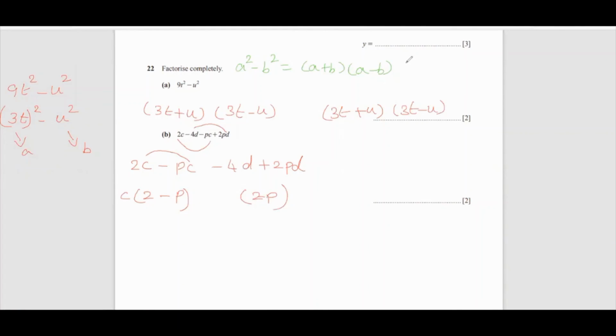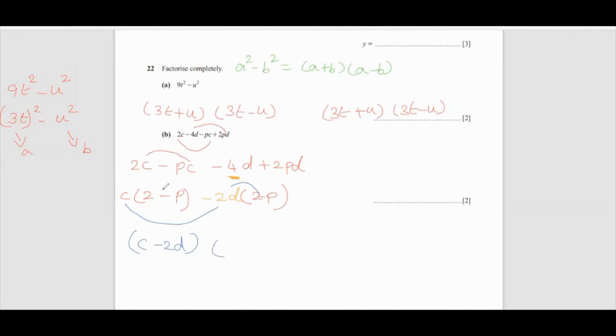And then here you need to get minus 4d, so what can I place here? Minus 2d. You can see now if you multiply 2d times 2, that's 4d, and 2d times p, 2pd. Then you can connect these 2 terms together: c minus 2d.